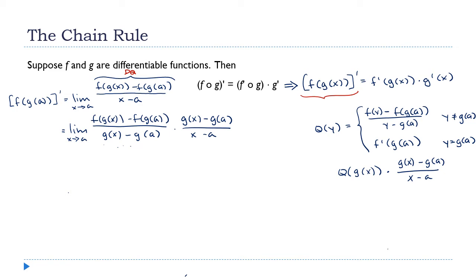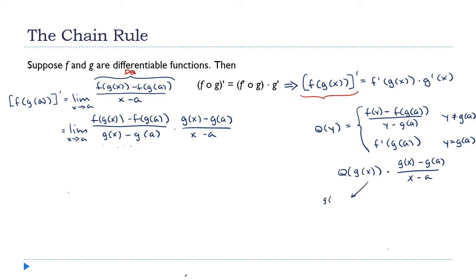If I can show this, then I'm actually okay doing that division. All right, so how can we do this? Well, look, we're going to do two paths here.